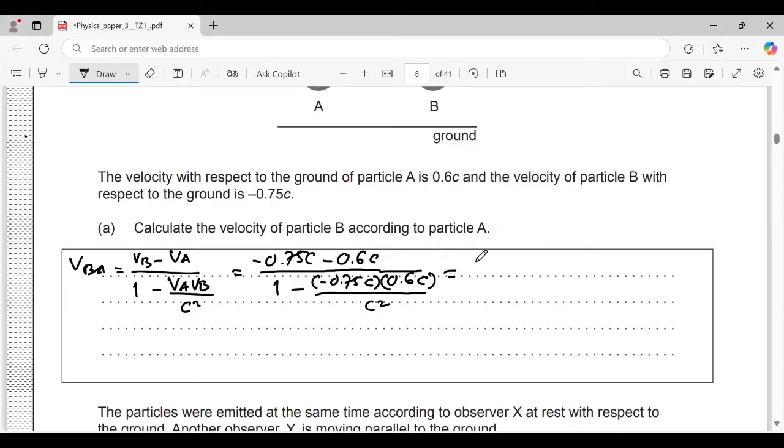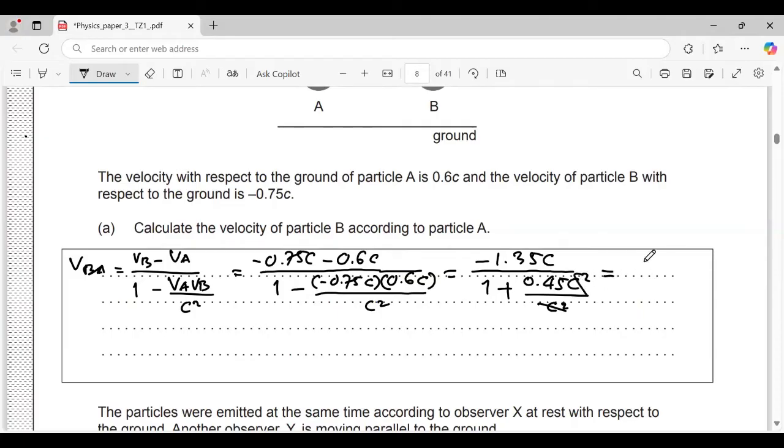It becomes minus 1.35 c over 1 minus 0.75 times 0.6, which is 0.45. It becomes plus here because minus and minus make plus, 0.45 c squared over c squared.